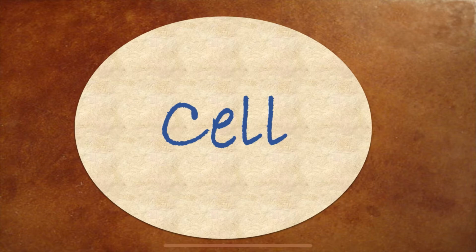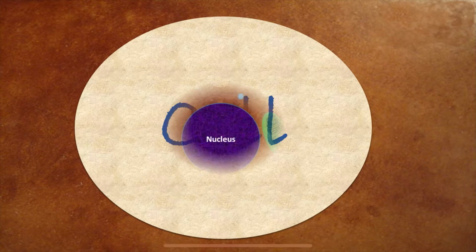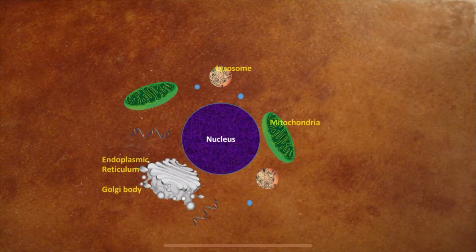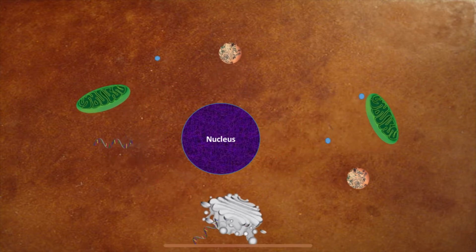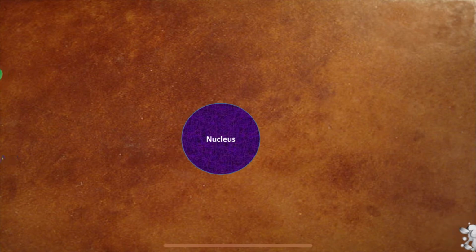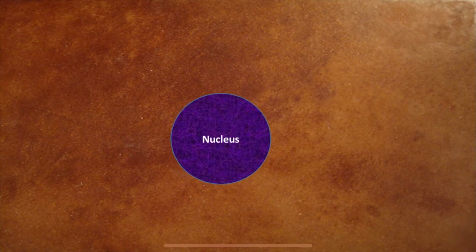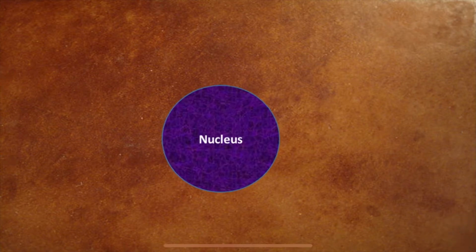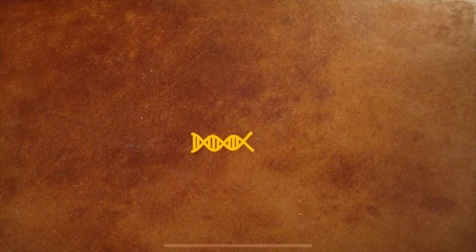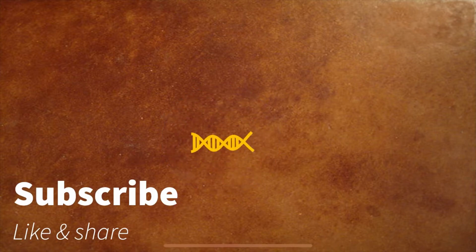First, a cell consists of a variety of organelles like lysosome, mitochondria, endoplasmic reticulum, Golgi body, and the major one, that is the nucleus. If we focus on this nucleus, it consists of the major chromosomal material of our body, that is DNA, deoxyribonucleic acid.